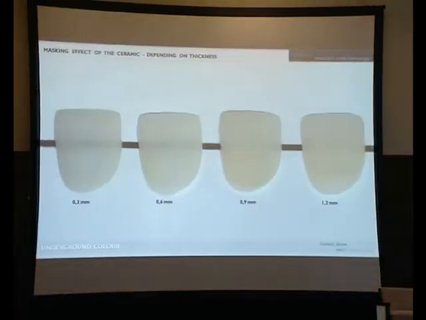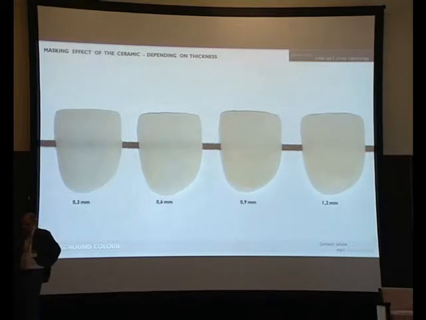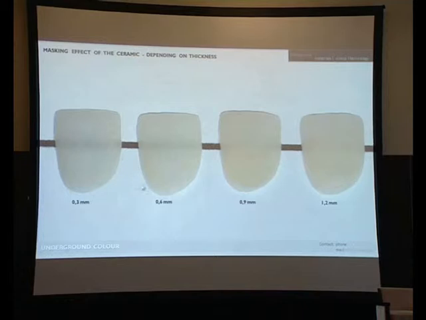One other benefit when you use CAD/CAM systems: here you can see what I can cover with different material thicknesses. This is 0.3, the thinnest possible thickness you can mill with the machine. Then I take double, 0.6, 0.9, and 1.2, and you can see when you want to cover the black line, you need more than 1 millimeter.